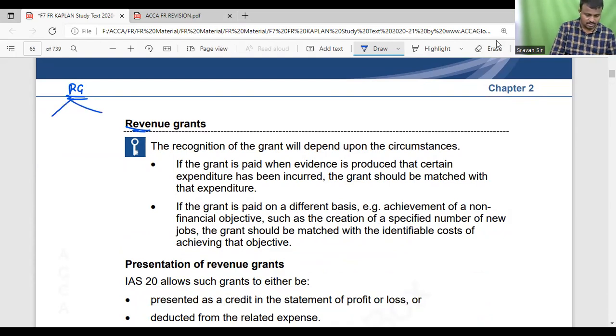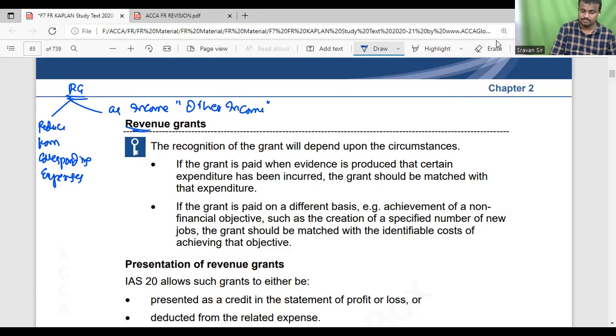The first one is, either reduce it from the corresponding expenses, or it may be shown as income under the head other income in the statement of profit and loss.